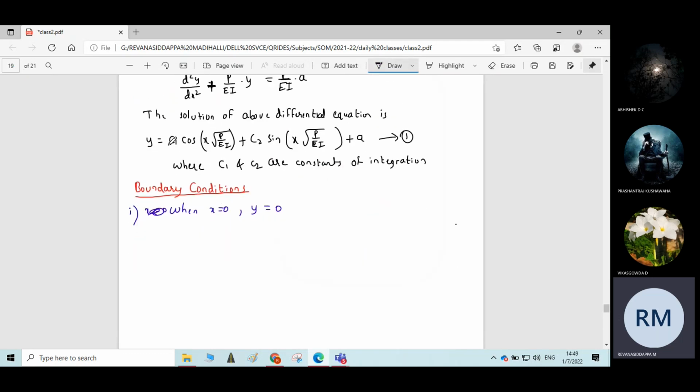You substitute y equal to 0 and x equal to 0 in this particular equation. What you will get? Therefore 0 is equal to c1 cos 0 plus c2 sin 0 plus a. Therefore 0 is equal to c1 cos 0, which is c1, plus 0 plus a. Therefore, C1 is equal to minus A. By this first condition, you got the value of C1, that is minus A.